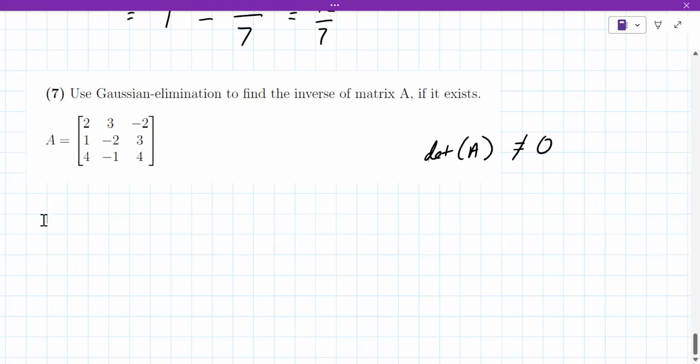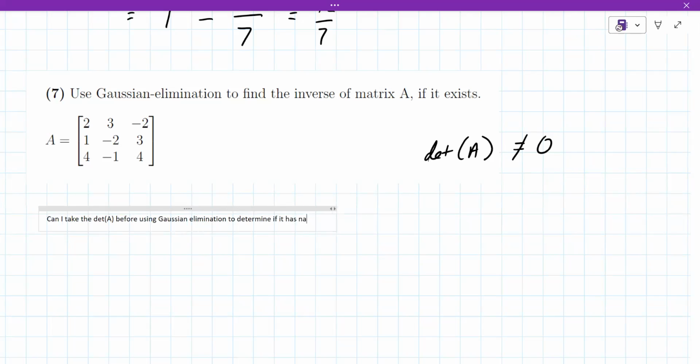The email would say, can I take the determinant of A before using Gaussian elimination to determine if it has an inverse? Because, like, you would find the determinant is 0 and you would say it does not have an inverse, which is the same answer they get.